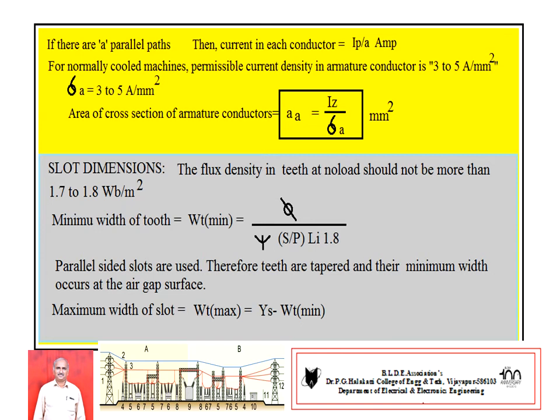So the minimum width occurs at the air gap surface. Why does it occur? The teeth has more width inside, and outside, nearer to the bore, nearer to the gap surface, it is less. That is the idea. So maximum width of slot using WT max equal to slot pitch minus WT minimum.